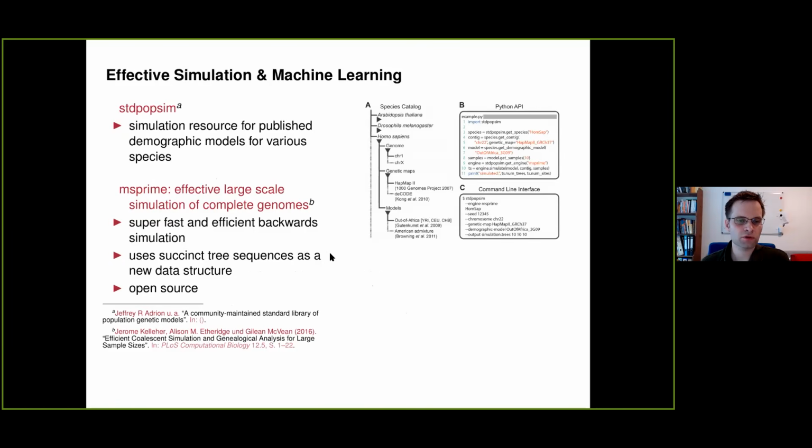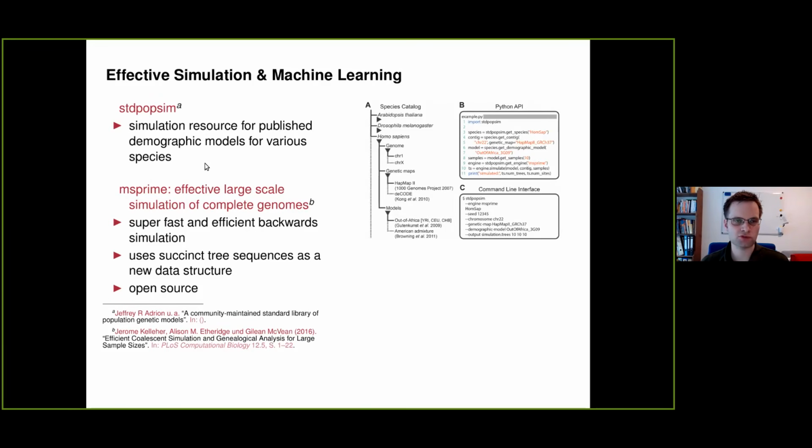And the basis to get to this will be to effectively simulate large data sets in complicated or at least more involved evolutionary scenarios. And with stdpopsim and msprime, I'm part of two open source communities working on exactly that.